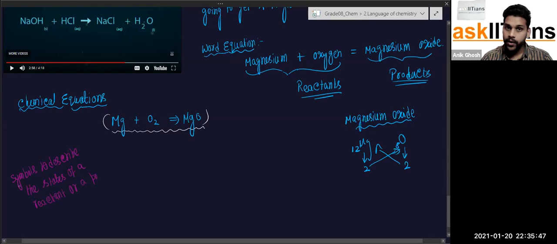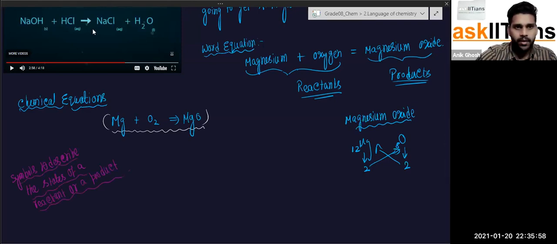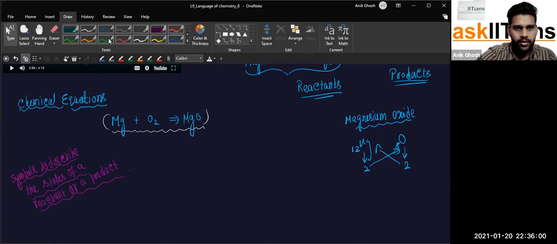How to describe the state of a reactant or a product? How would you be able to do that? There are 4 ways through which you can describe this thing. Okay, check.